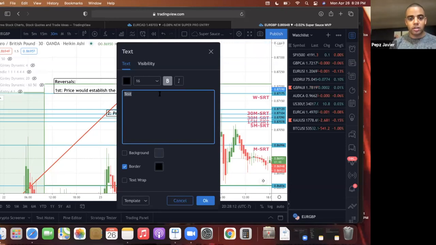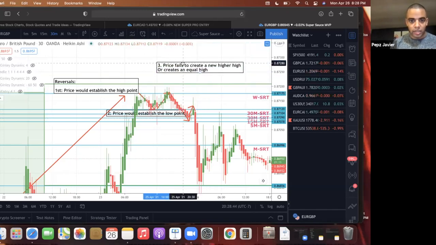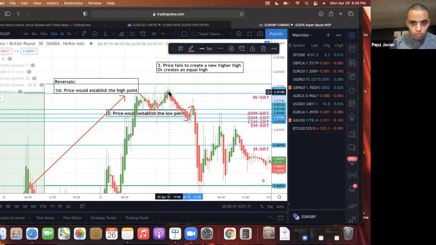Then price will return. It's not always, but this is kind of a conditional thing, but I'll break down what this means. Number 3, price fails to create a new higher high, meaning that price didn't exceed this previous high point.